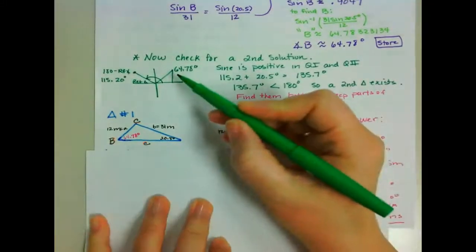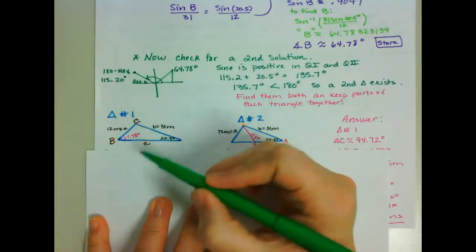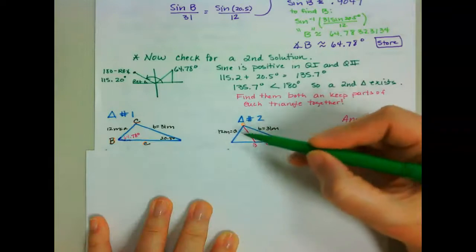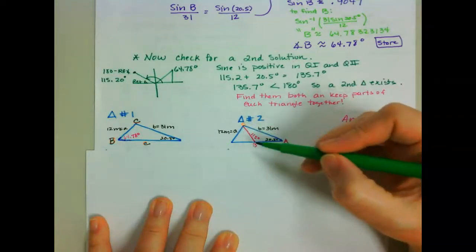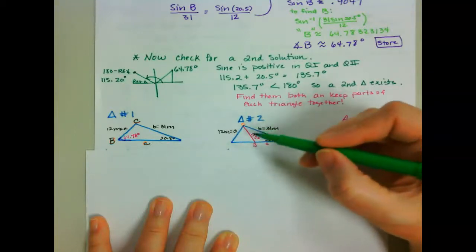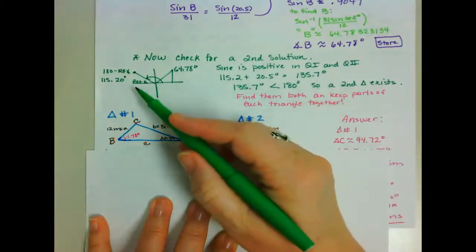If the angle B was 64.78 degrees, it looks like this kind of triangle. If this 12 meters had swung in here, then the length of CB would be right here, and it would still be 12. So this side would be 12 meters if it were acute. This side is also 12 meters, but this angle is obtuse, and that's that second angle right there.